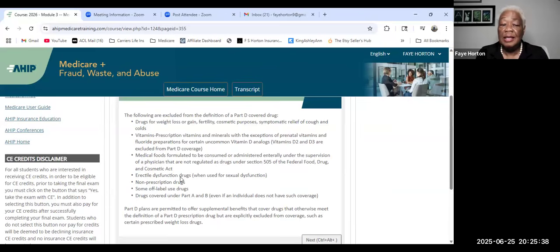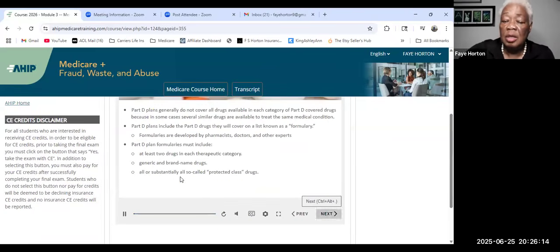It does not cover any non-prescription drugs, does not cover some off-label use drugs, and does not cover drugs covered under Part A and B, even if an individual does not have such coverage. Part D plans are permitted to offer supplemental benefits that cover drugs that otherwise meet the definition of a Part D prescription drug, but are explicitly excluded from coverage, such as certain prescribed weight loss drugs.